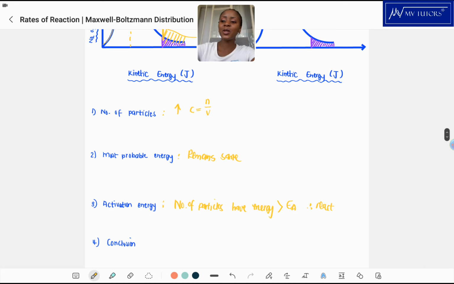What can we conclude? We can conclude that you'll have more effective collisions, and therefore your rate of reaction will also increase.